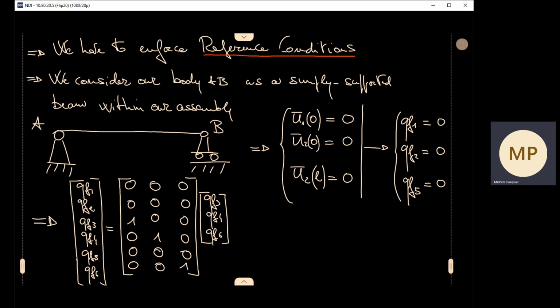So what I'm saying here is that writing this here, imposing these reference conditions, and writing this relationship here between matrices is exactly the same thing. You see? Because if you consider this relationship between matrices, you actually are imposing this. Okay? So this and this are equivalent.